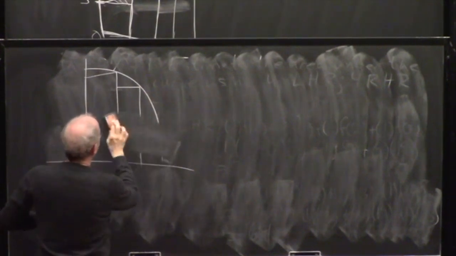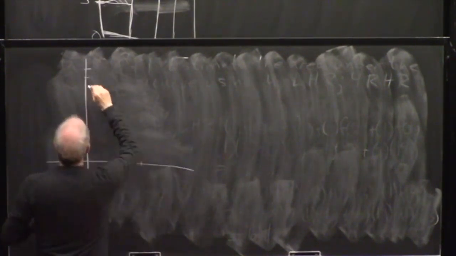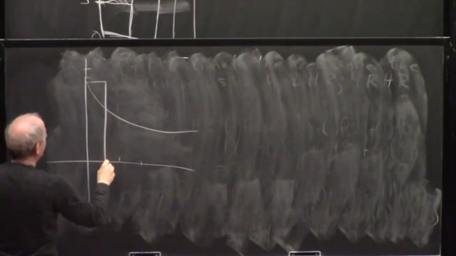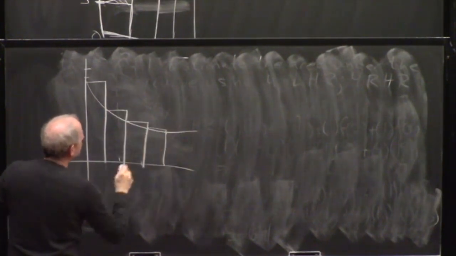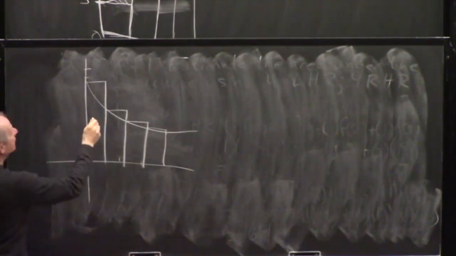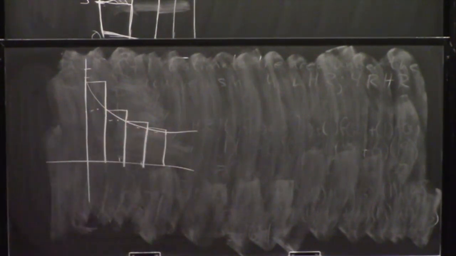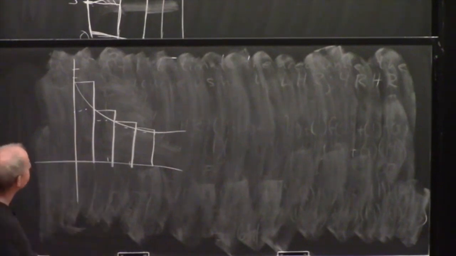Sorry. Going down this way. Okay? So now, the left-hand rectangles are overestimating, and the right-hand rectangles are giving you rectangles that are under the curve. So if the curve is going up from right to left, then left will underestimate it.